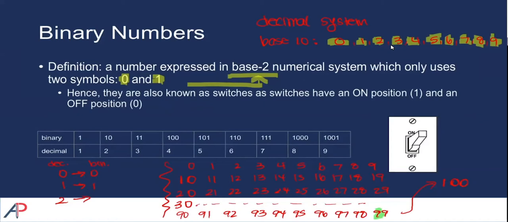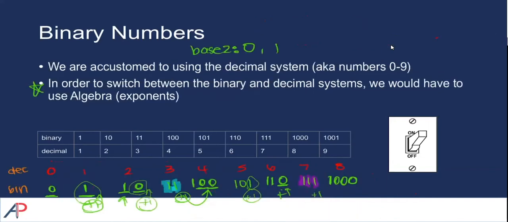So we talked about how the binary system works, and the system works kind of like switches. You start off with 0, and as you keep progressing and adding 1, if you add 1 to 0, 0 plus 1 is 1, so that's perfectly fine.